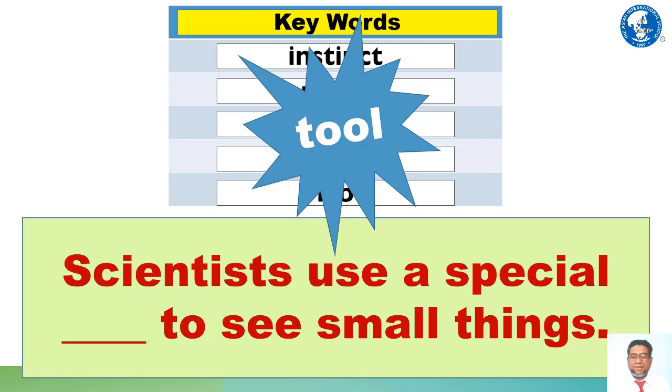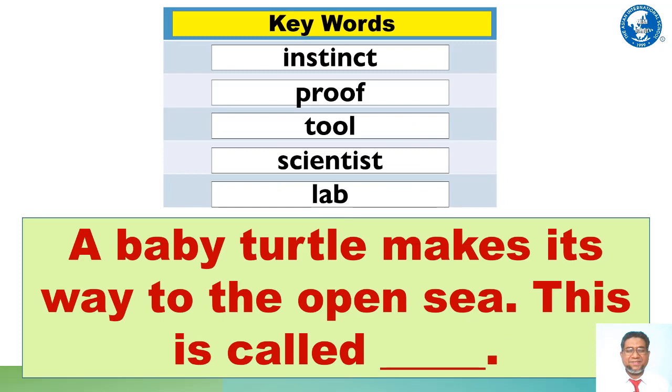Scientists use a special tool to see small things. What is the name of that tool? Amazing! You're absolutely correct. It's called a microscope. Have you used a microscope before? You should try one.